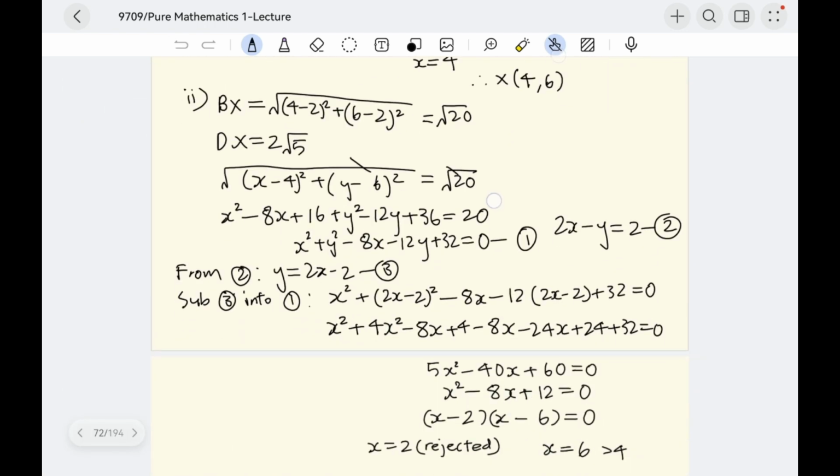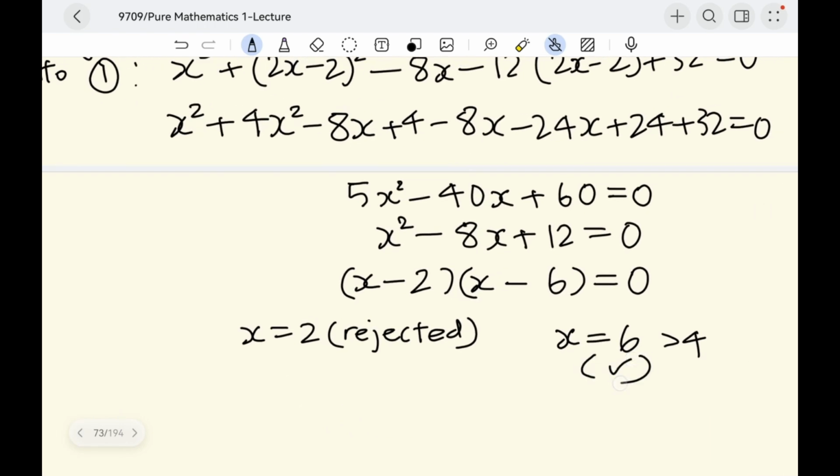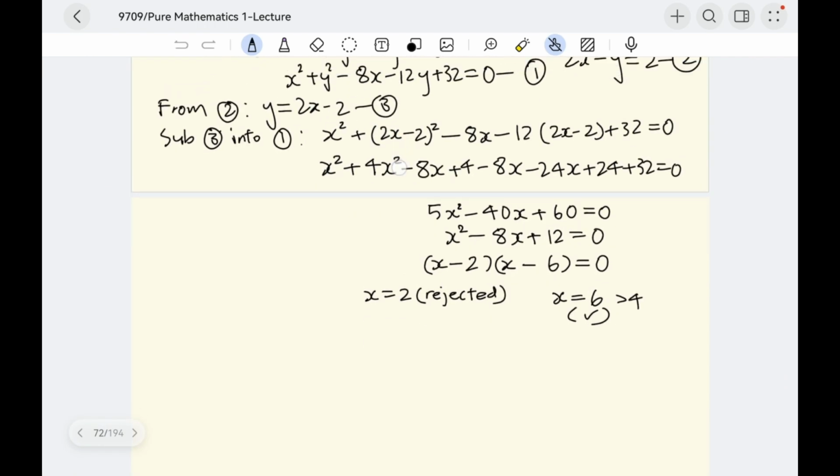So it is easier for you to find the y coordinate of the point D.